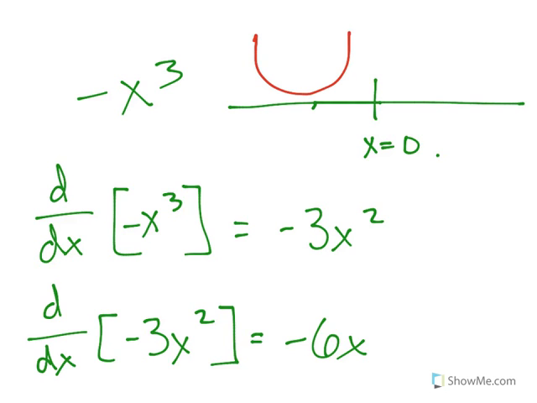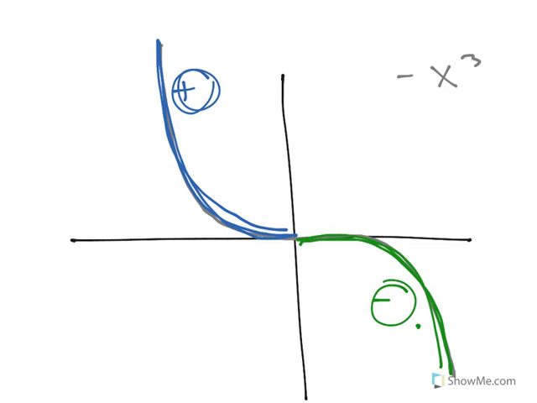If we plug in a positive x, the second derivative is negative, so that's down like a frown. So we know that our graph must transition from a cup to a frown, exactly like we have here.